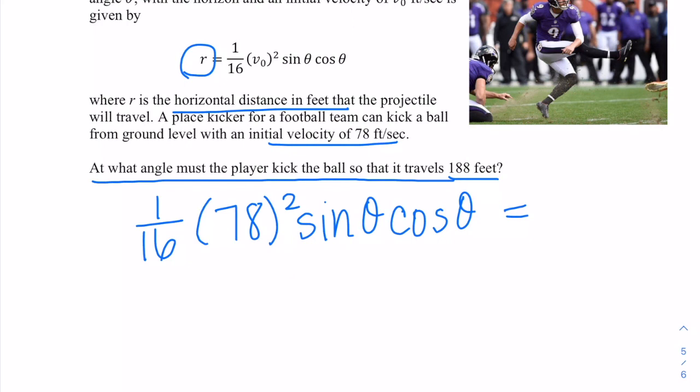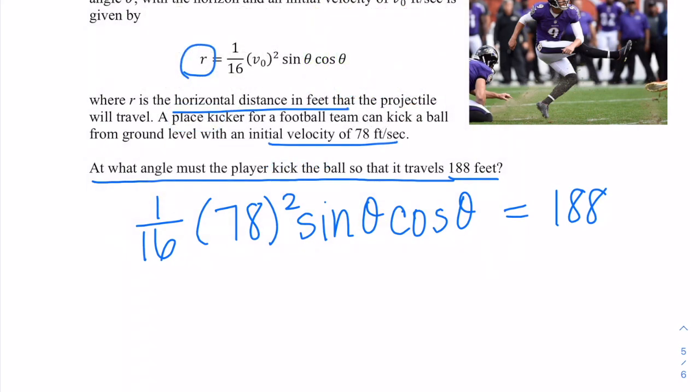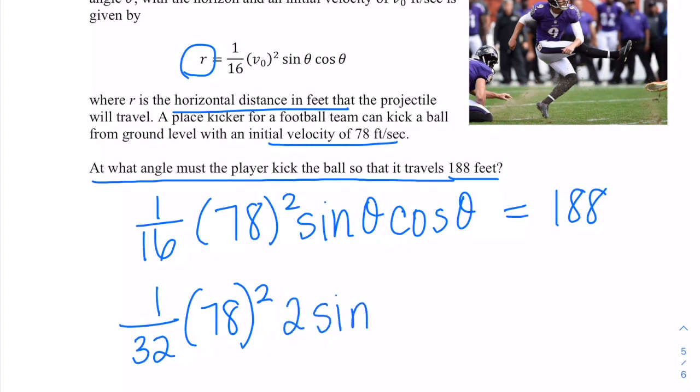And when I look at the equation, there's definitely some double angle in there. So we know that 2 times sine of theta cosine theta is sine of 2 theta. So what you can do is rewrite this, so we have 1 over 32, and this will be 2 times the sine of theta cosine of theta.